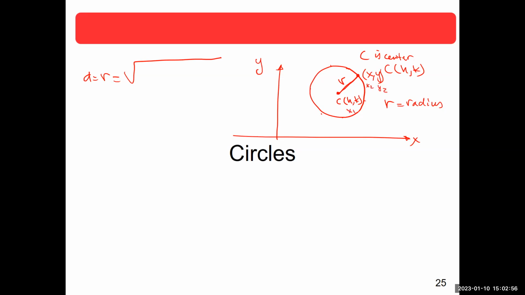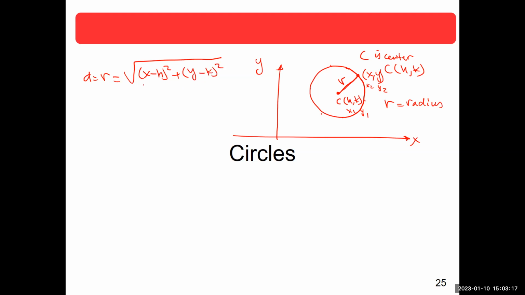And this is X1 and this is Y1. So X2 minus X1. So basically that is X minus H square plus Y minus K square.